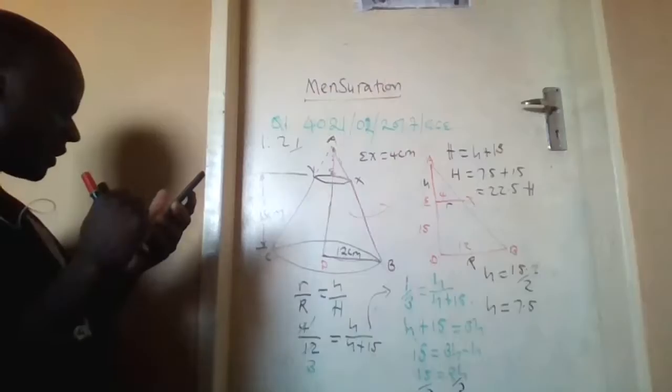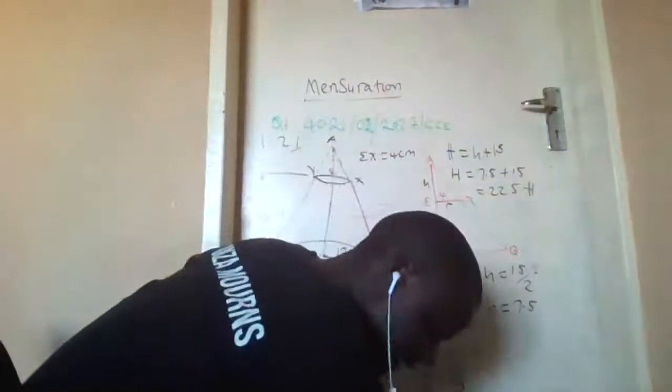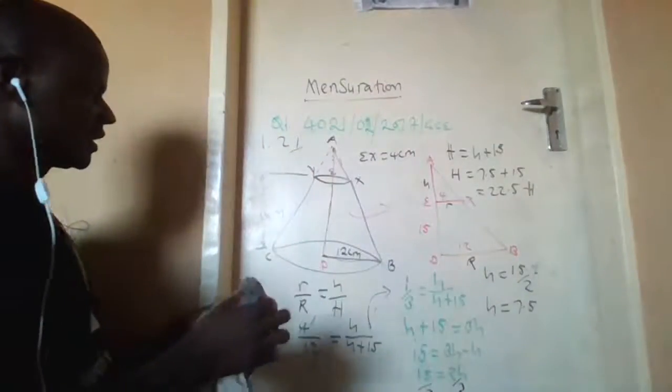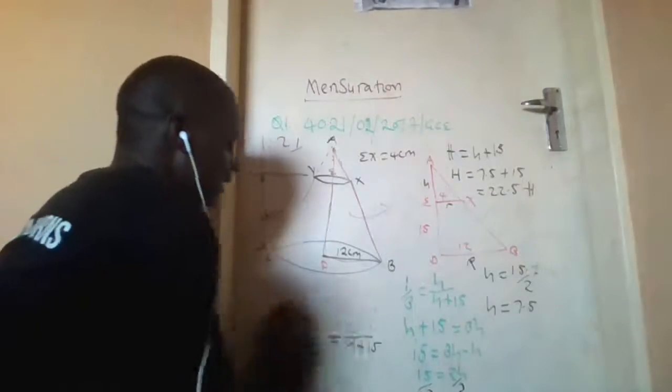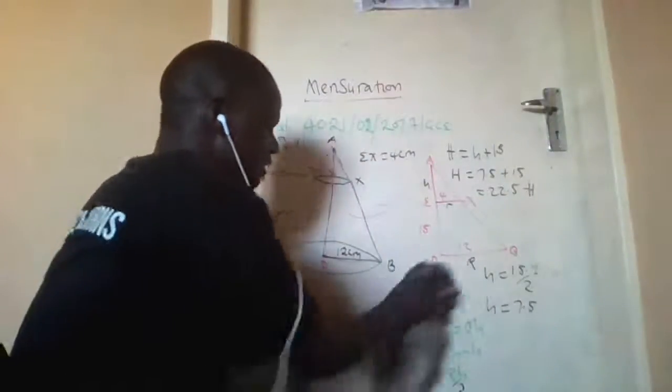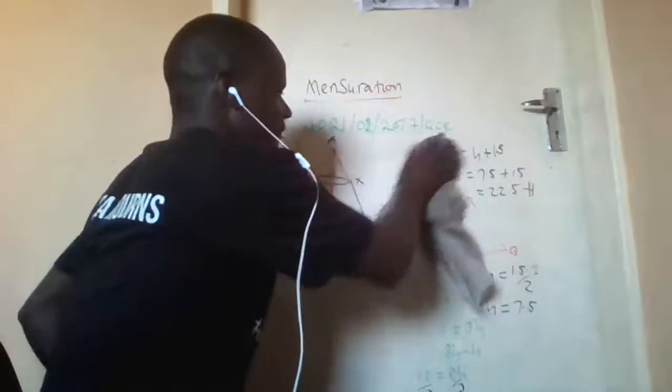However, the question there is very simple. We just need to go back to the information that we were given at first. What did I say? I said the volume of a cone is given by pi, the base area times the height.